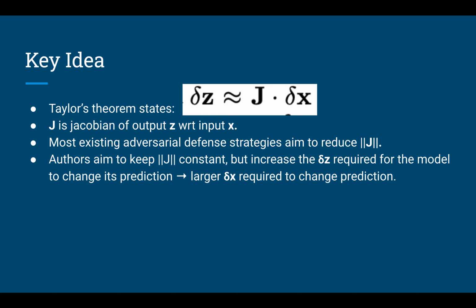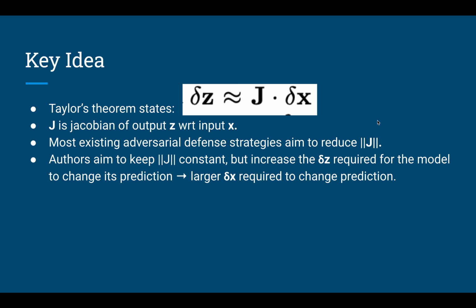And here I'll provide some mathematical intuition for what the authors are trying to do. Taylor's theorem states that when we perturb the input x by a small amount delta x, the amount that the output is perturbed, delta z, is proportional to the Jacobian J of the output with respect to the input, dotted with the change in the input.